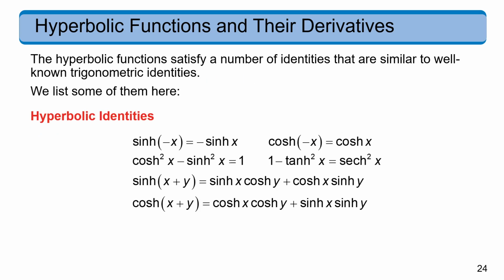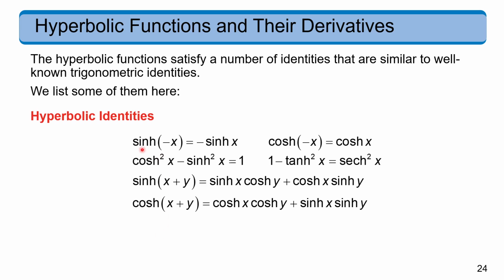Based on the definitions of those 6 hyperbolic functions, we can arrive at some identities. So we're not going to prove these, but what I want to point out is that these are very similar. Some are exactly the same, and some are just similar to identities from the regular trig functions.